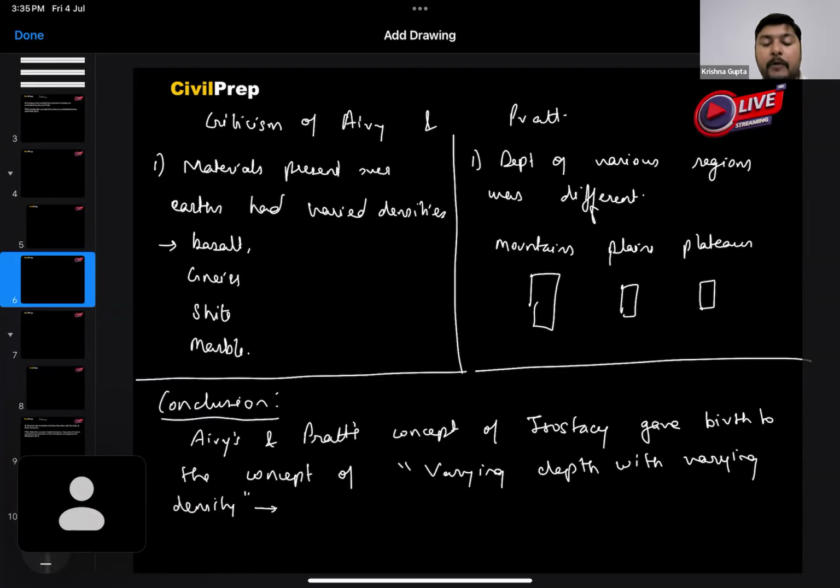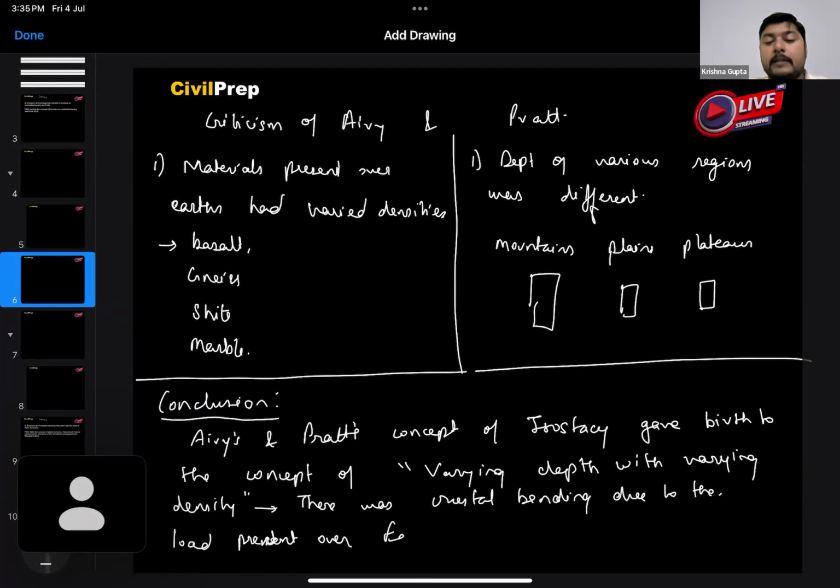And one more thing we will also say is that there was a crustal bending phenomenon due to the load present over Earth's surface, which was provided by plate tectonics theory.